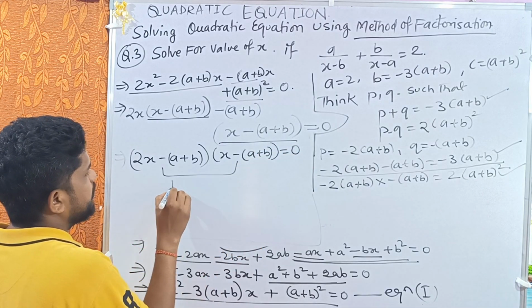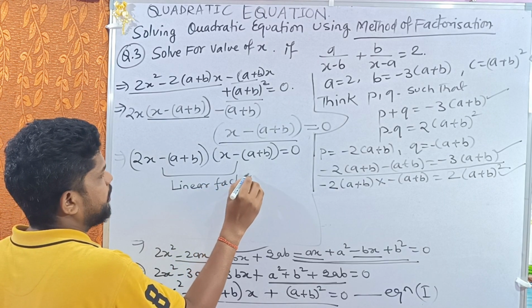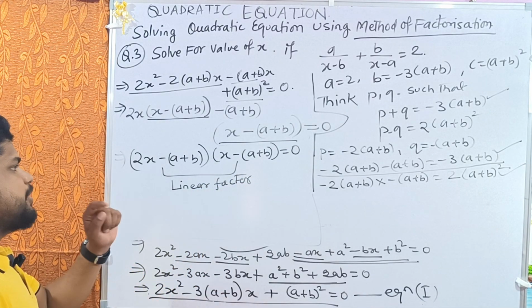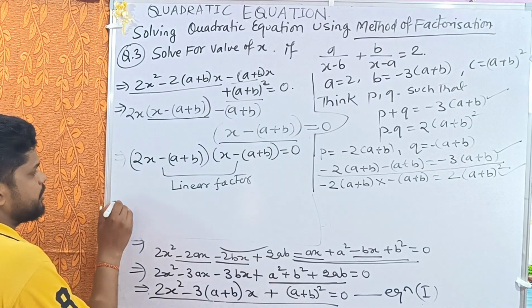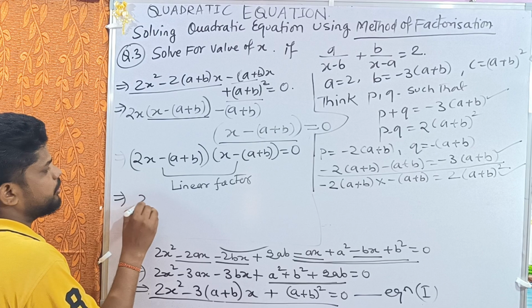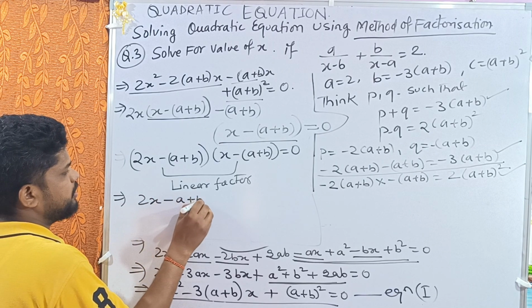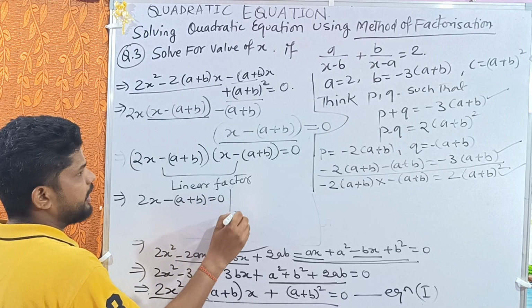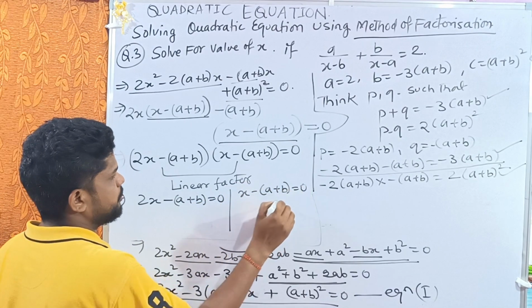This is called the linear factor. Now we will equate each individual linear factor to 0 to get the value of x. So from here, 2x minus (a plus b) is equal to 0, and the other factor is x minus (a plus b) equal to 0.